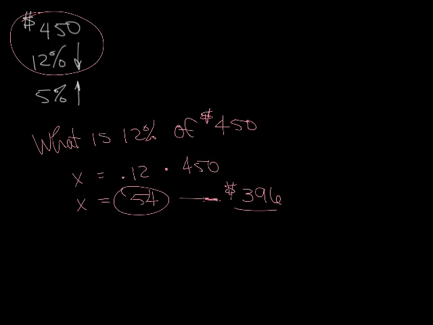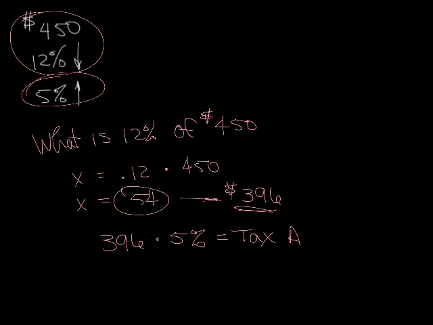Great. Takes the washer up to the cash register and they ring it up as $396, and now they're going to add 5% sales tax to that. So now I have to take $396 times 5% to find out the tax amount. So $396 times the 5% is going to be $19.80.